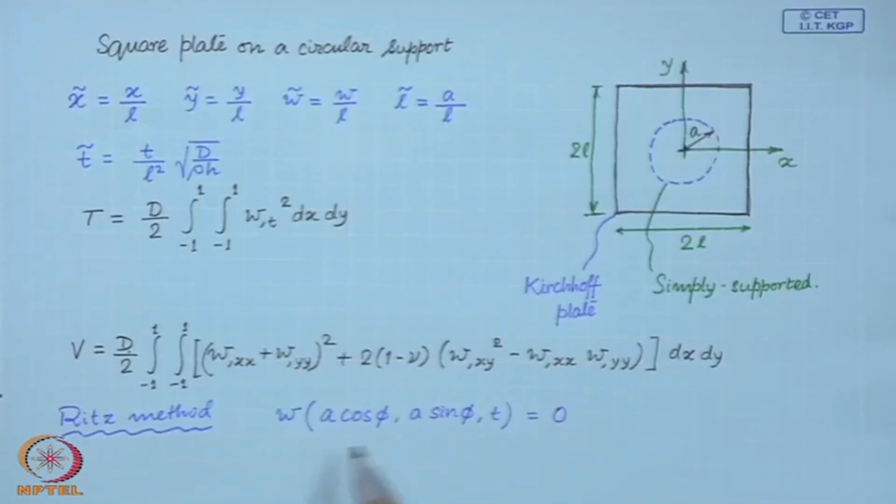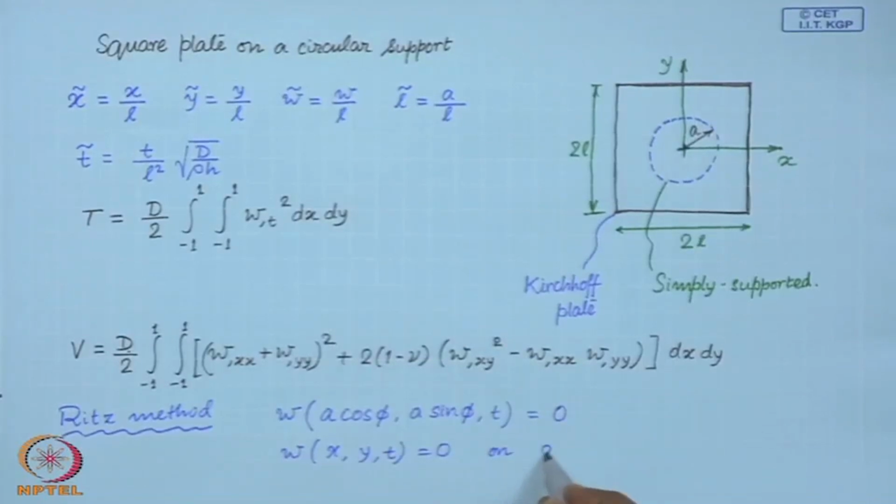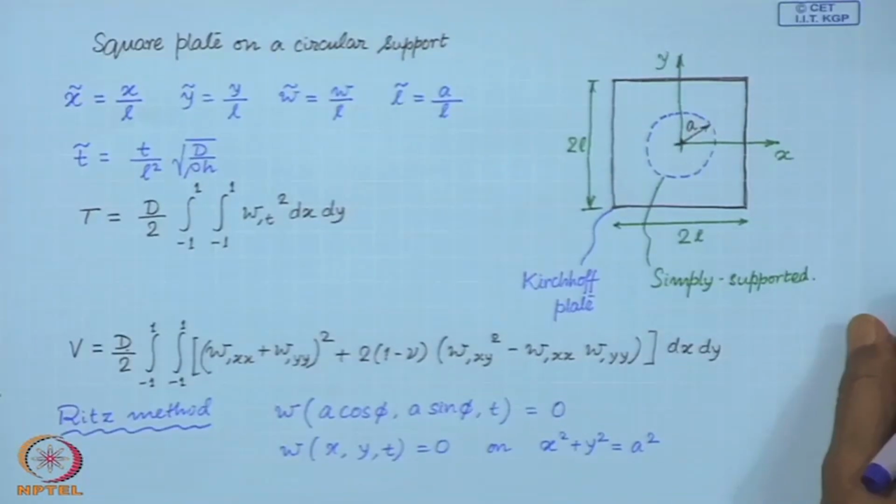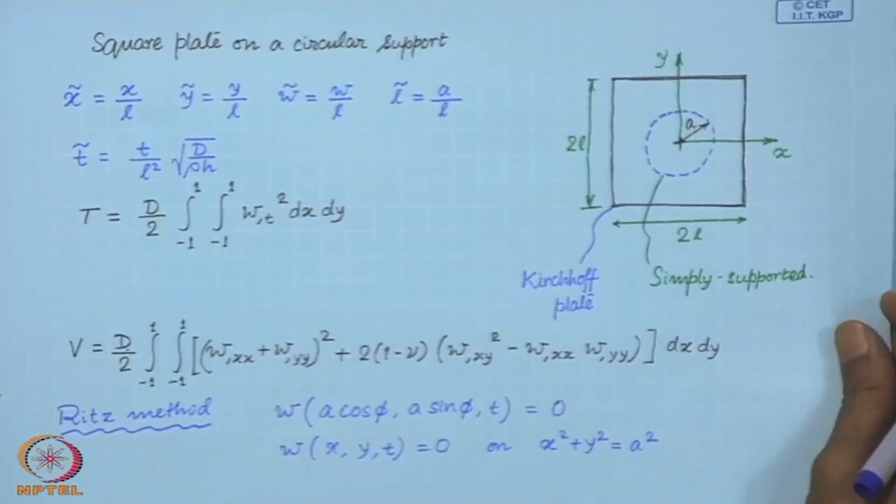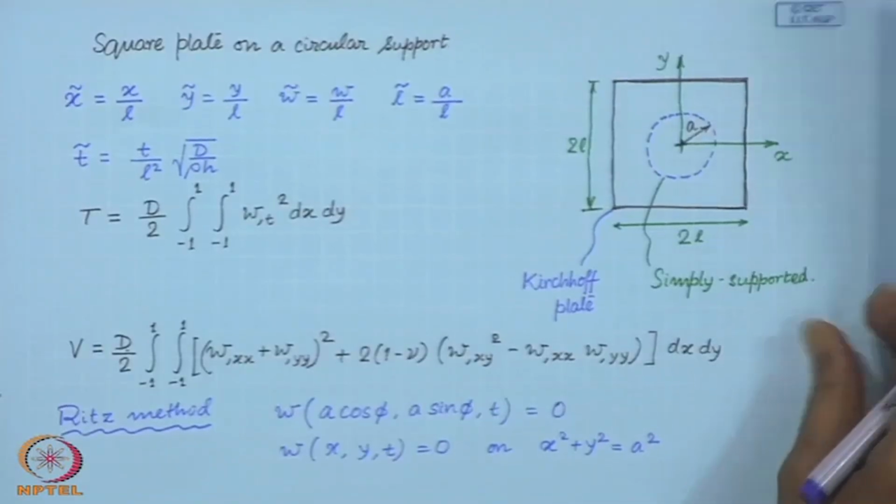If I parameterize this circle using this angle phi, then this is the boundary condition. In terms of x, y, I can write it in any one of these ways.